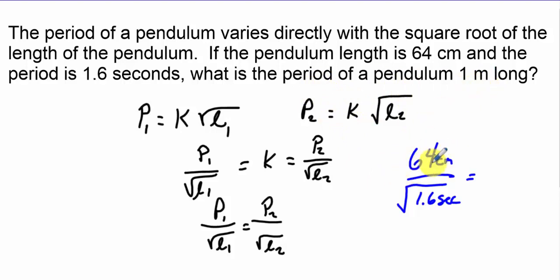We have to use the same units in these in order to make our solution turn out correct. So 1 meter is 100 centimeters. And then I'm looking for the period. So this is some root x.